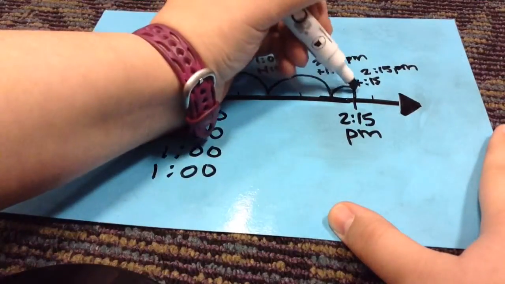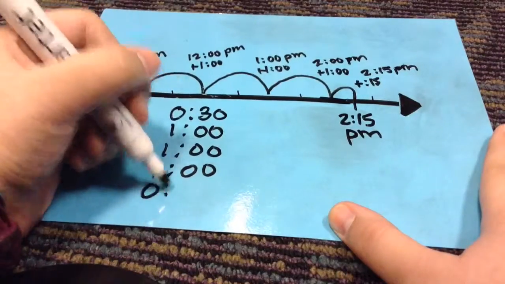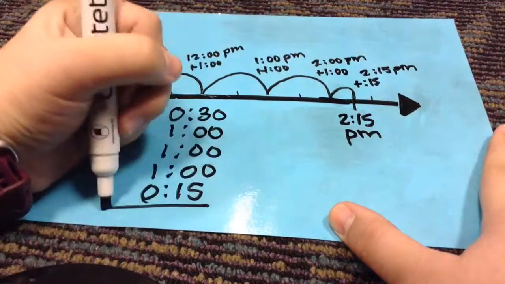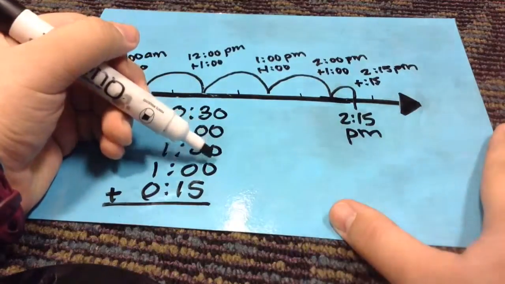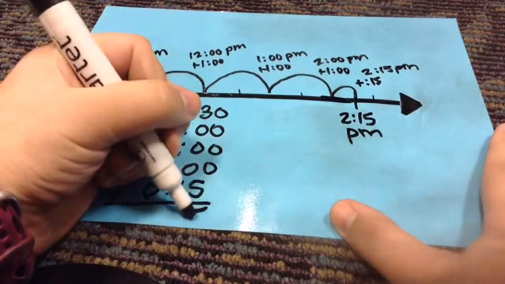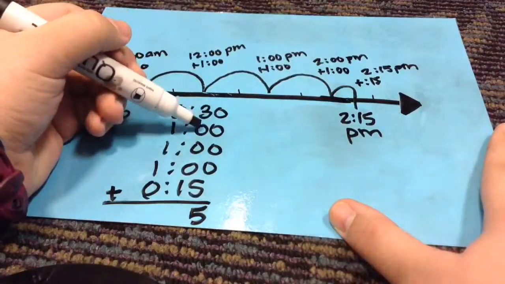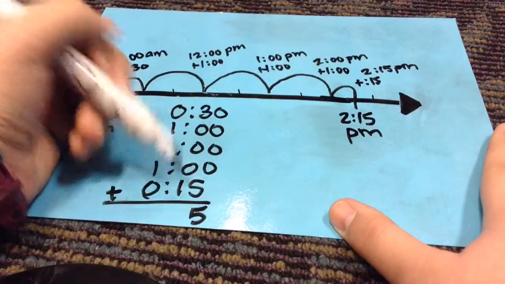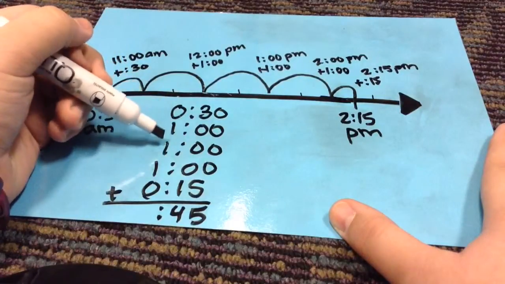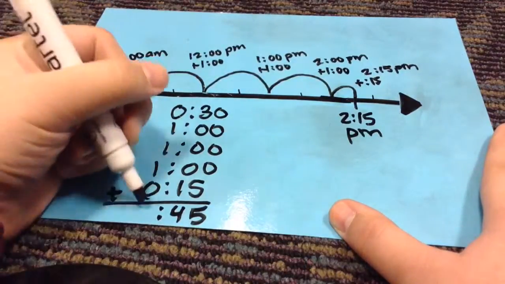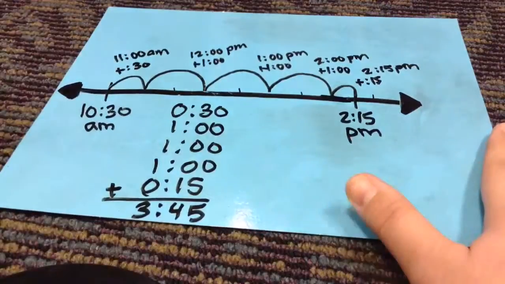And finally, we did a small 15-minute jump. So if we add these up, we can see 0 plus 0 plus 0 plus 0 plus 5 is 5. 3 plus 0 plus 0 plus 0 plus 1 is 4. And 0 plus 1 plus 1 plus 1 plus 0 is 3.